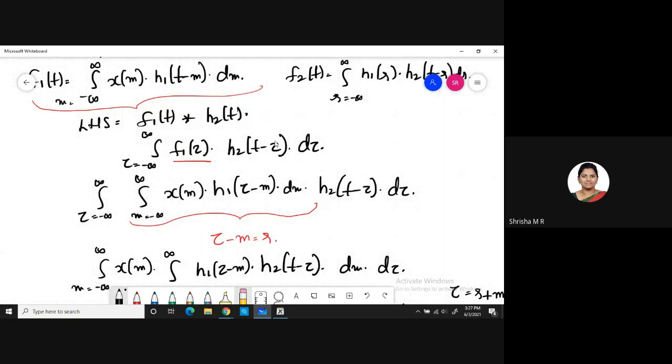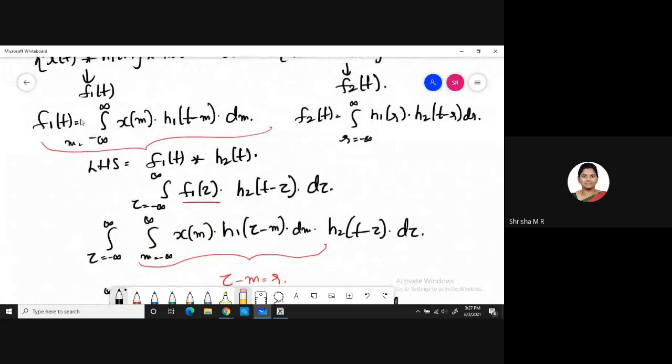Now we know what f1 of tau is. It is f1 of t only, we are replacing t with tau. So integral tau equals minus infinity to infinity, of integral m equals minus infinity to infinity x of m into h1 of tau minus m into dm. Here we have t minus m, now tau minus m, since t is replaced with tau.